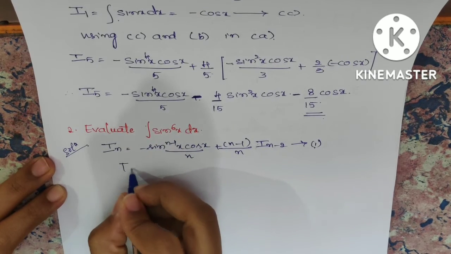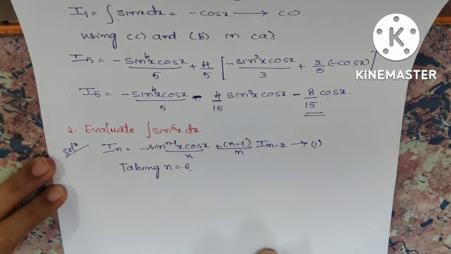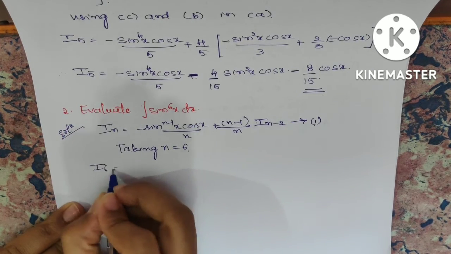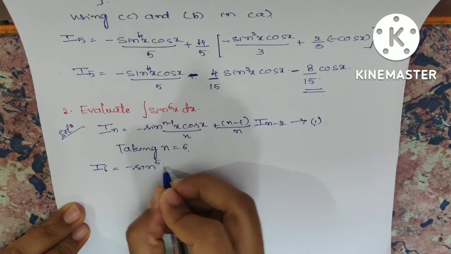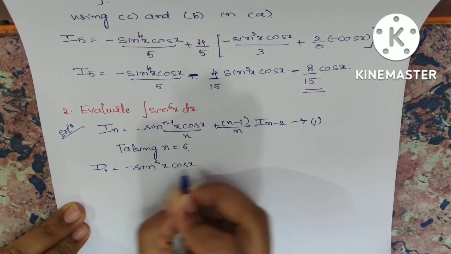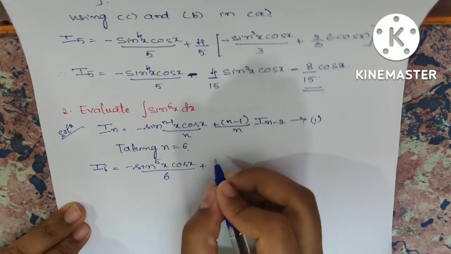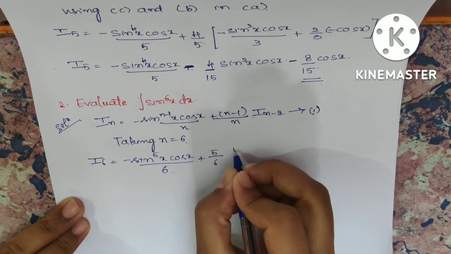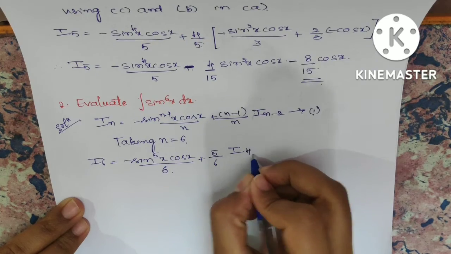Now taking n equals 6. I6 equals minus sin power 6 minus 1 is 5, x cos x divided by n is 6, plus n minus 1, that is 6 minus 1 is 5, by 6 I n, that is 6 minus 2 is 4.